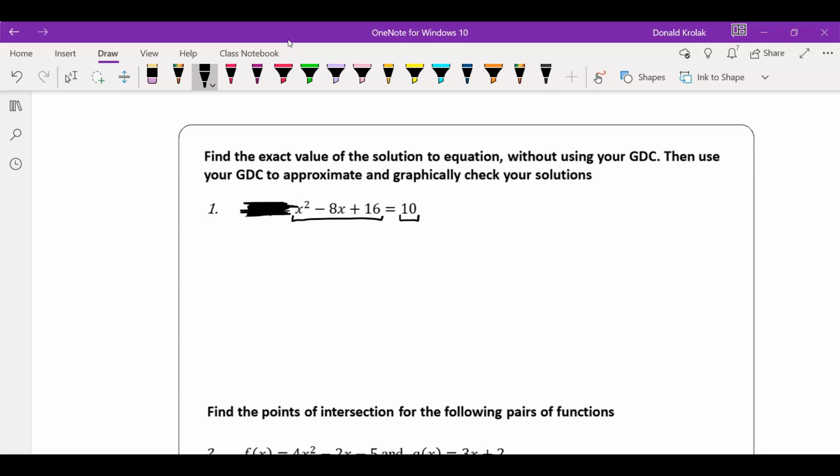And we're going to see where these two things cross using the intersect function. So that's going to be one function that I'm going to graph, and then the other function is y equals 10. So you're going to end up with a parabola and then a line at y equals 10 going through it. And then you're going to find the intersection of those two equations.